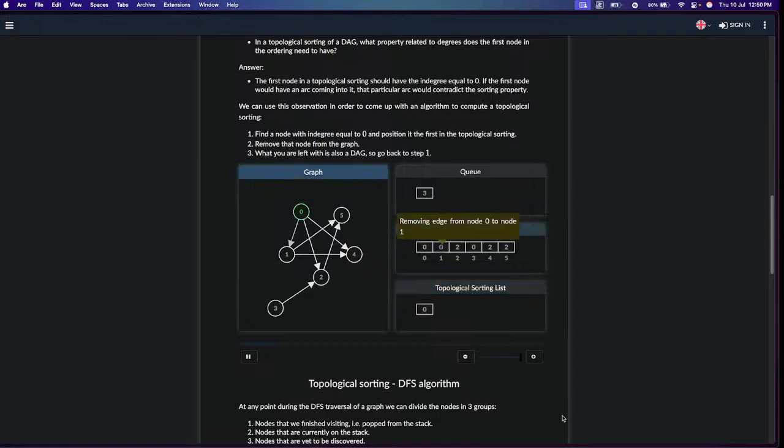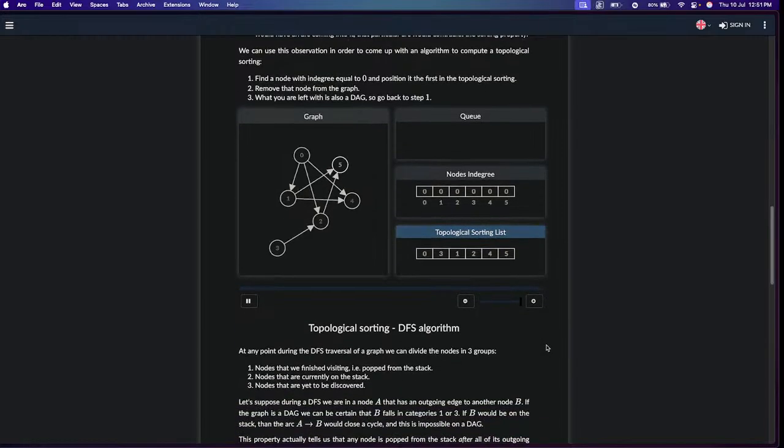So you have your 0, you break it, yes. 1, that goes again in. 2, 1, nope, move on. So 3, 0, 3, okay, that's nice. 0, 3, 1, 2, 4, and lastly 5. There you go.